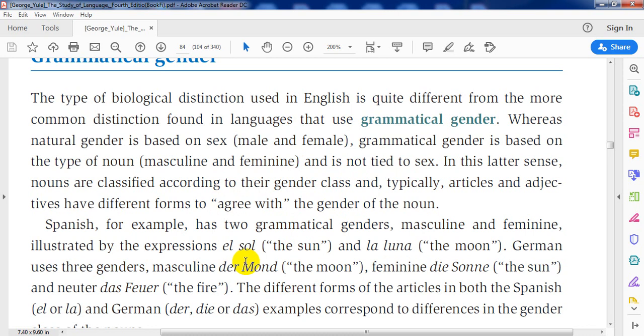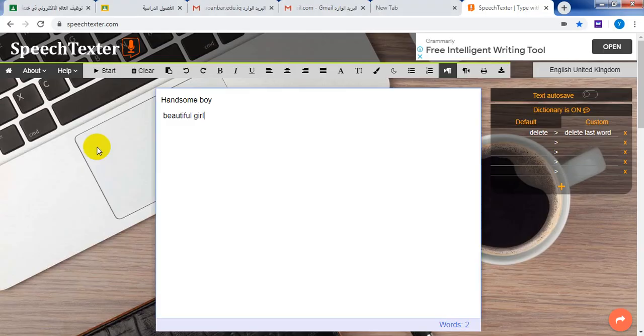And I'll give you an example here just to simplify. In English I would say handsome boy, while I would say beautiful girl.